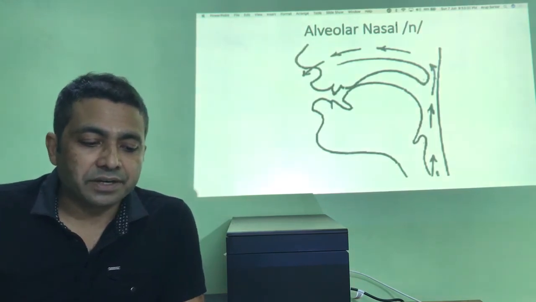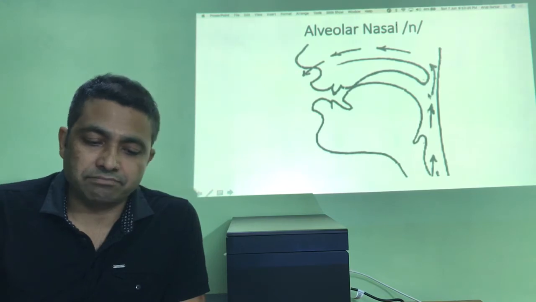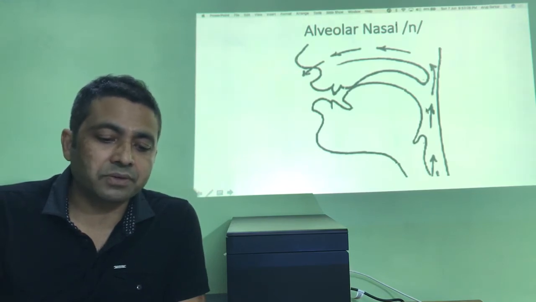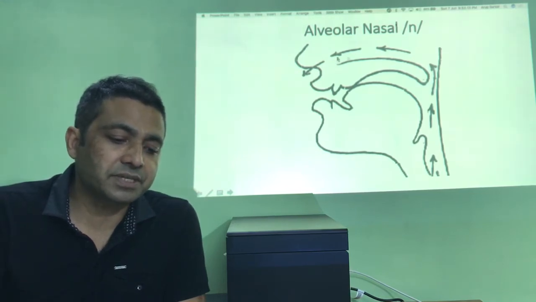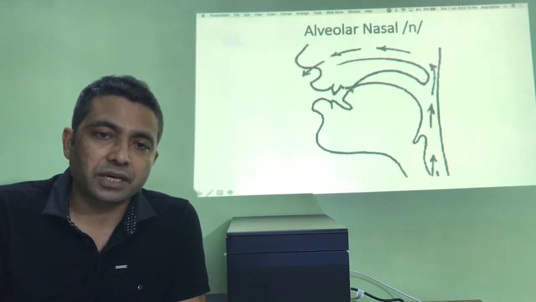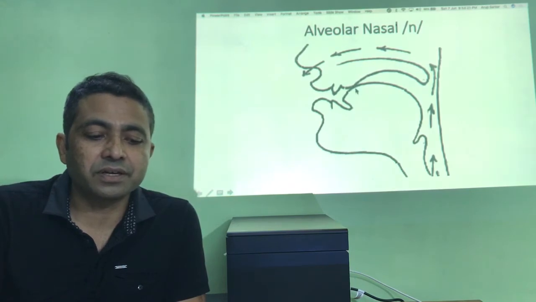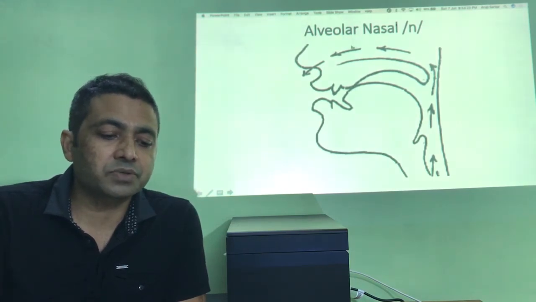Then we have the alveolar nasal. Here again, nasal, as I said, the velum comes down and air goes through the nasal passage. Alveolar, because the tip and front of the tongue go against the alveolar ridge. It blocks here. So alveolar, and nasal because air comes through the nose.